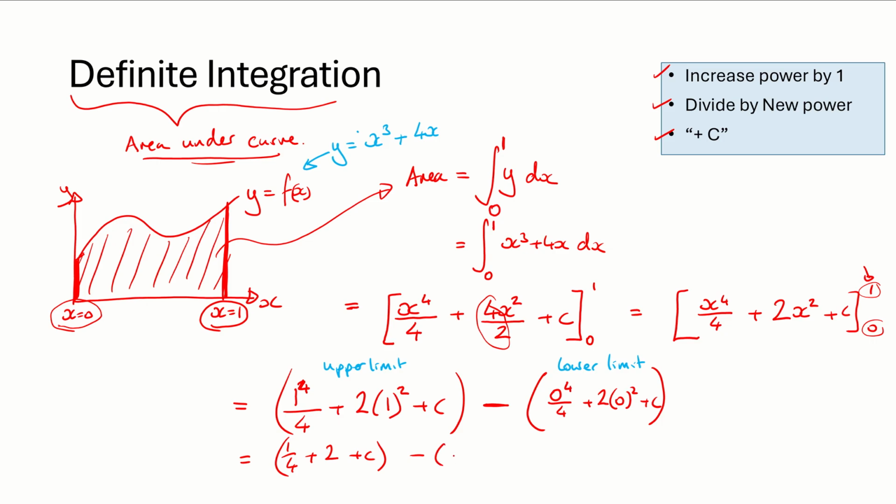And then in the second bracket, I've just got c. So c, take away c is 0. Those c's always cancel out. So even though we have that plus c and we don't know what it is, it doesn't matter if you're finding an area because the c's just cancel out. And in our case, we are left with 1/4 plus 2, so 2.25, an area of 2.25 in this case.